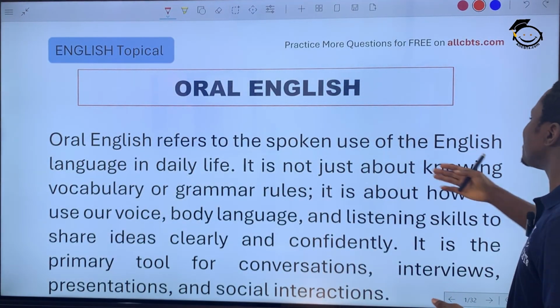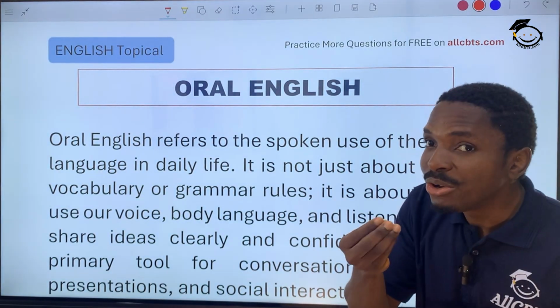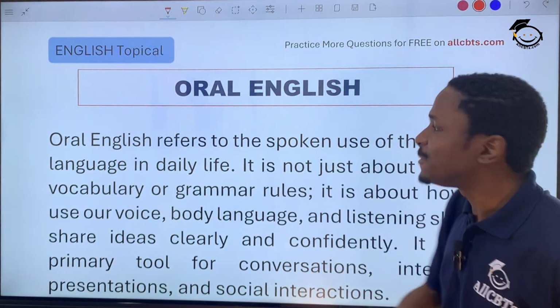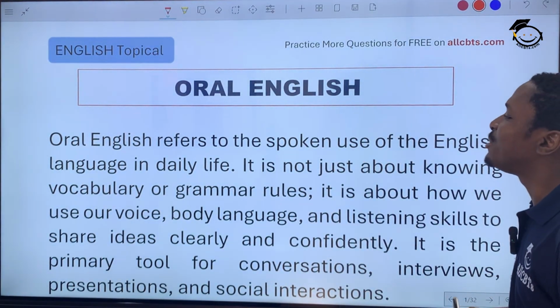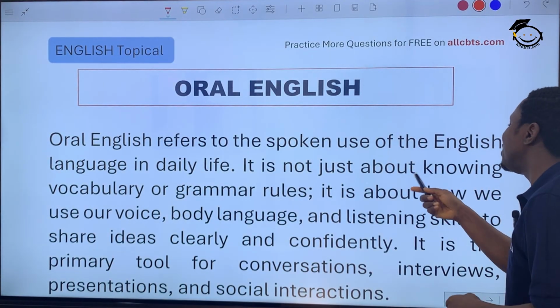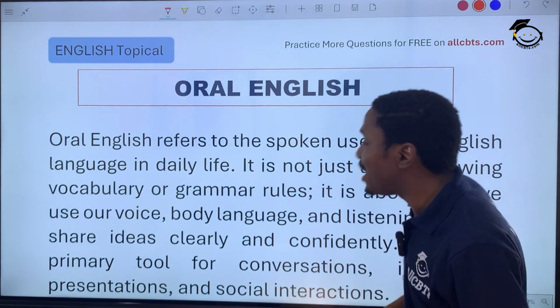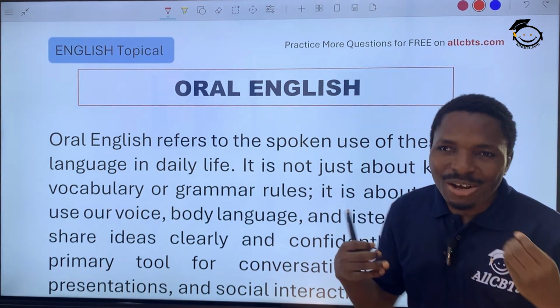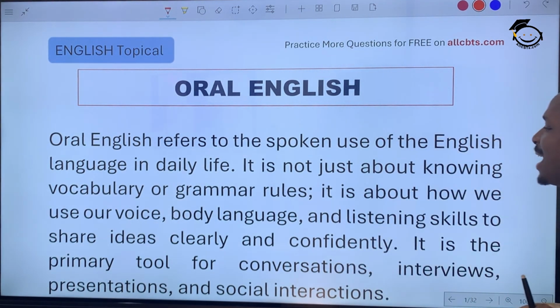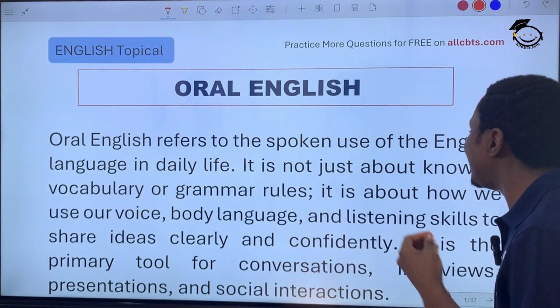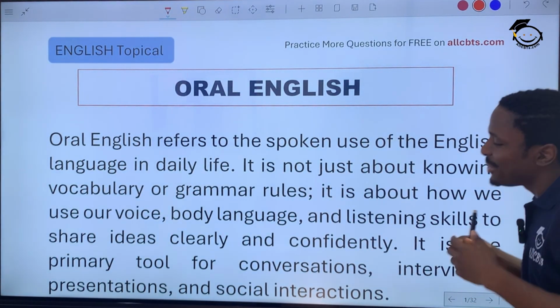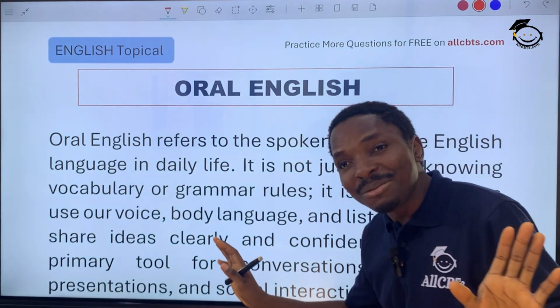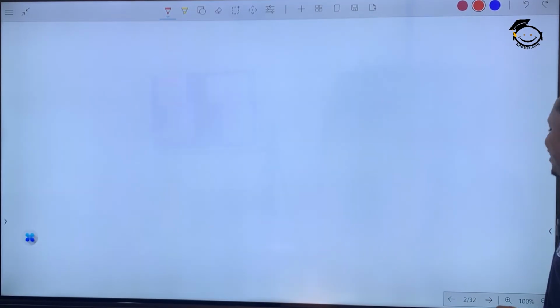It refers to the spoken use, because oral means spoken, spoken use of the English language in our daily life. It's not just about knowing grammar or vocabulary. It's about knowing how we use our voice, our body language, and how we listen and share ideas clearly and confidently. Simple as that. Good.